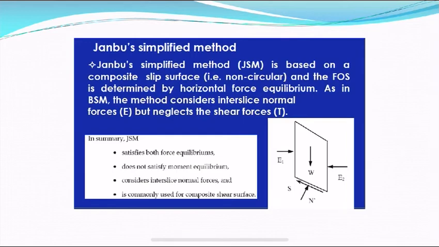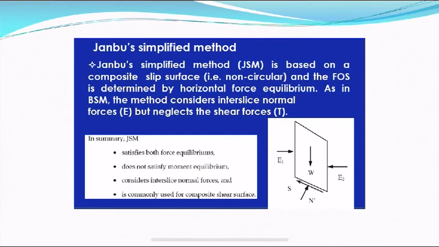So for layered or stratified soils, or when you have non-homogeneous soils, that is the Janbu method. It is basically used for composite slip surfaces or non-circular slip surfaces, and the factor of safety is determined by horizontal force equilibrium, and moment equilibrium is not satisfied.